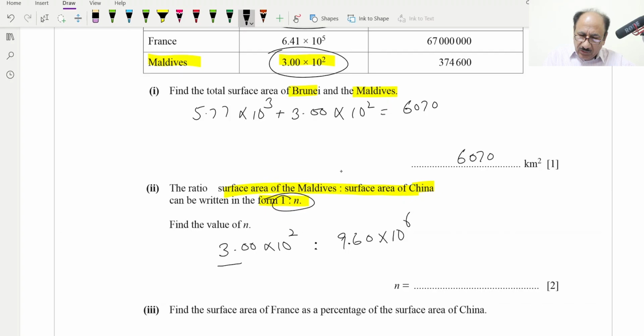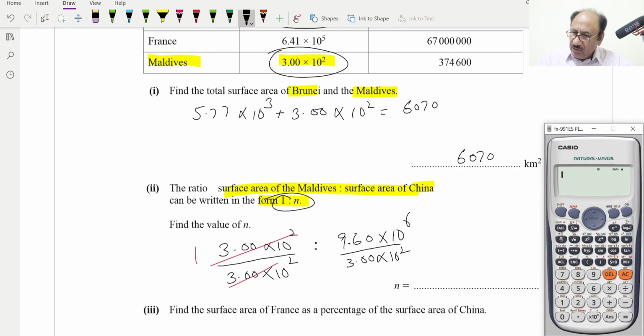So 1 we can get by dividing this side by 3.00 × 10 raised to the power 2, and this side also we will divide by 3.00 × 10 raised to the power 2. After cancellation this side becomes 1, and the other side we can divide with the help of a calculator.